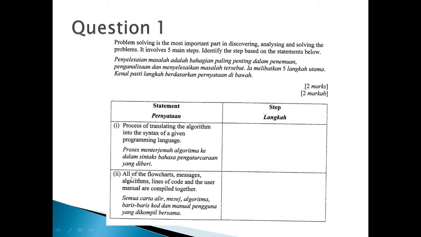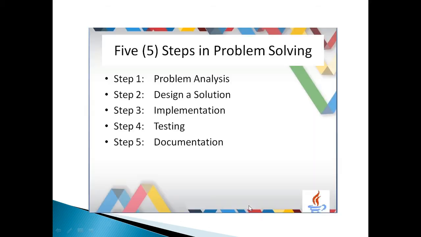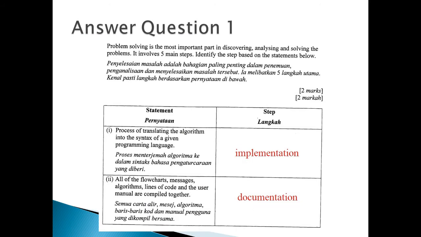And then number 2, all the flowcharts, pseudocodes, algorithms, lines of codes, and the user manual are compiled together in the documentation. So this is the answer, implementation and documentation.